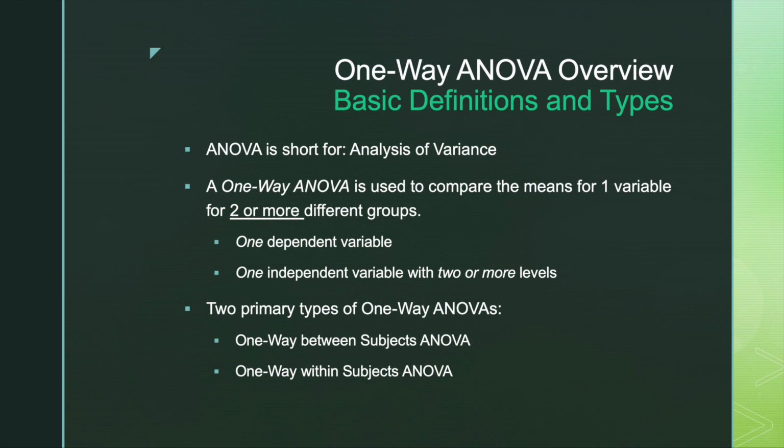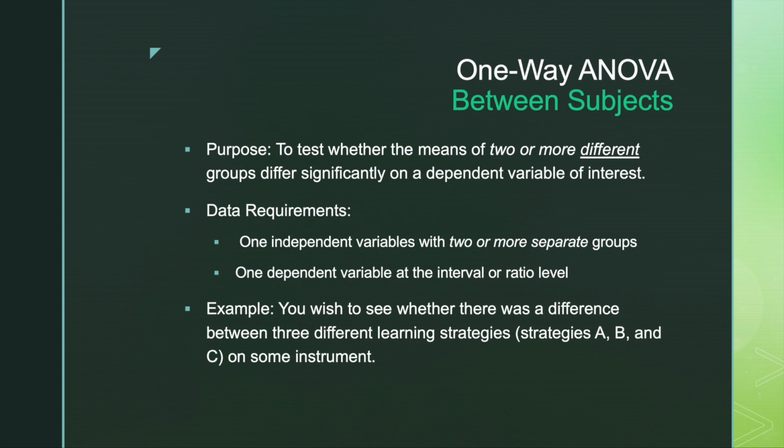There are two primary one-way ANOVAs. One is called the between subjects ANOVA, and the other is called a within subjects, which basically connects back to the independent samples t-test versus the dependent samples t-test. So between subjects, comparing the means between two or more different groups and deciding whether they're significantly different based on that dependent variable.